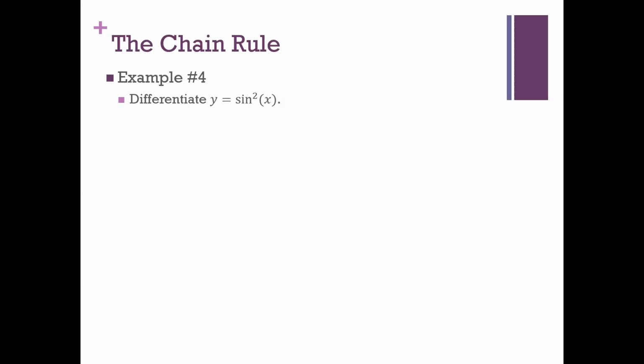Okay. So I want to take the derivative of this. What do I need to think about? How do you want to start this? So you're saying g of x is equal to sine squared of x?